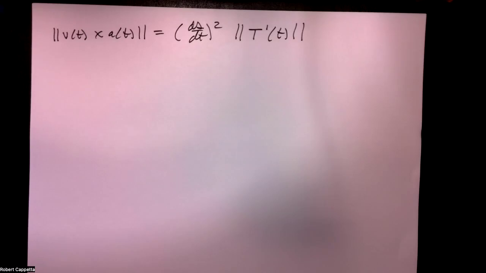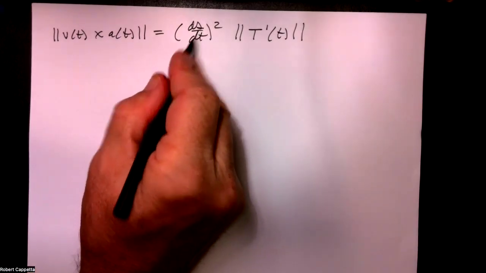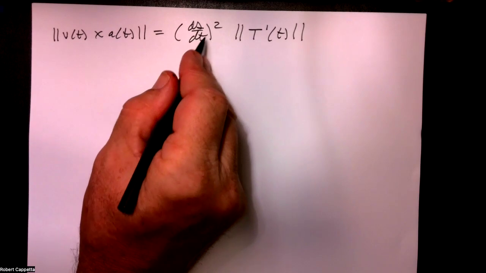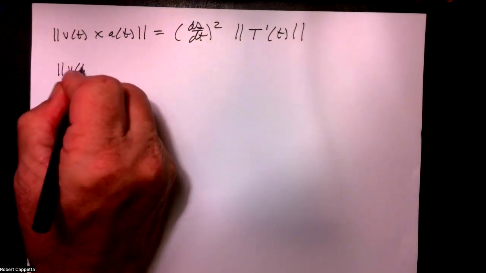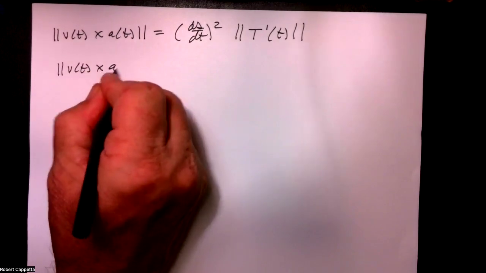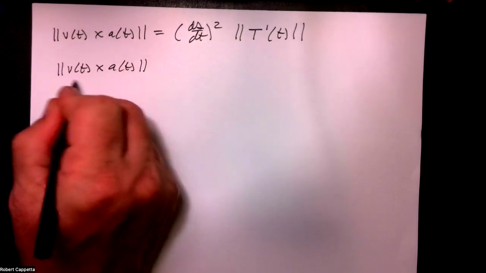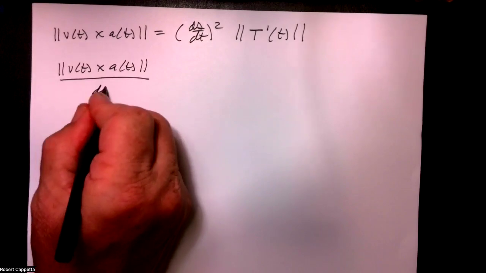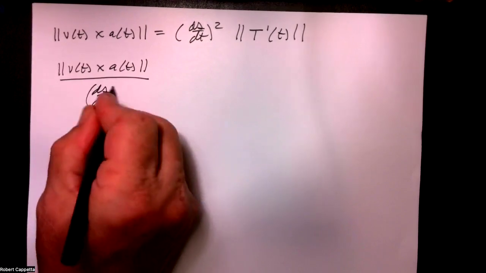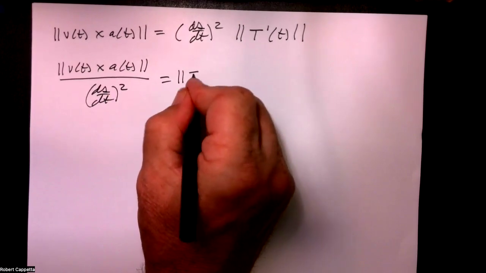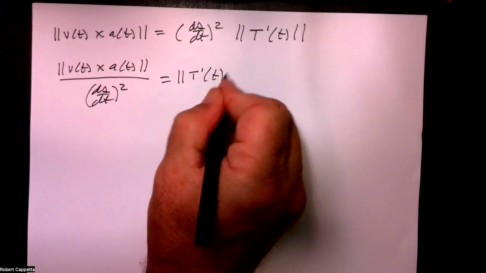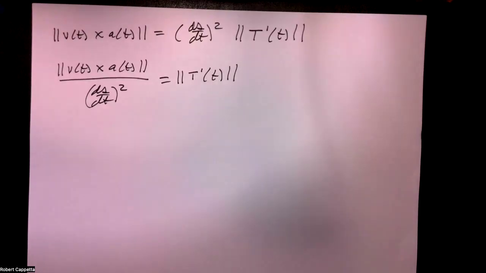So we're here, and what I'm going to solve for is the magnitude of T prime of t. So dividing both sides by ds/dt squared, or speed squared, what do we get? We get the magnitude of velocity cross acceleration divided by ds/dt squared, speed squared, equals the magnitude of T prime of t.